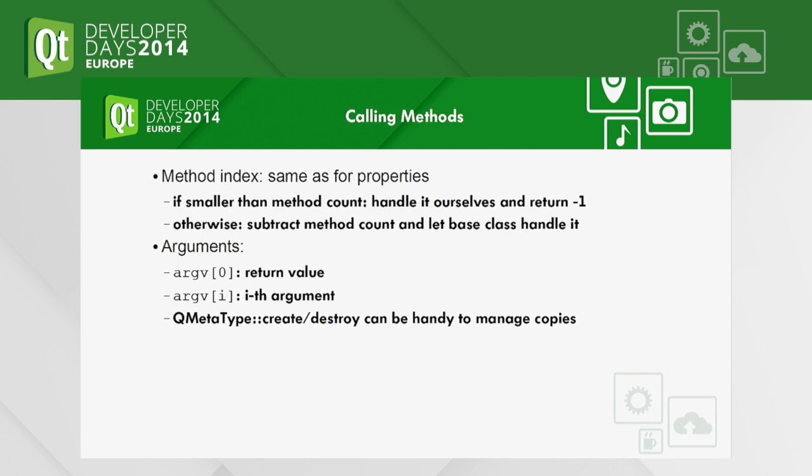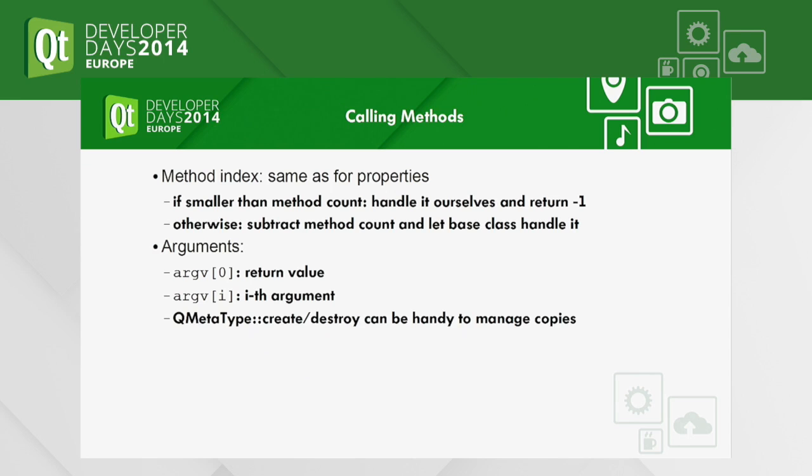Right, and then we have the second part, calling methods. The way that methods are addressed works exactly in the same way. So you have a zero-based index for all the methods you have in your object. If that's out of range, you rebase to the index of the base class and you return that.